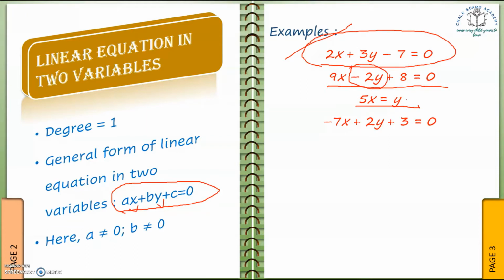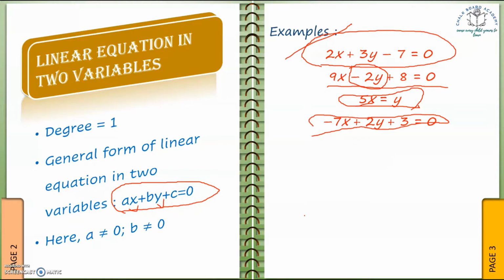First, this equation has degree 1, highest power 1, and then it has two variables in it. So it is a linear equation in two variables. Then the last example, minus 7x plus 2y plus 8 is equal to 0. In this example a is a negative number.